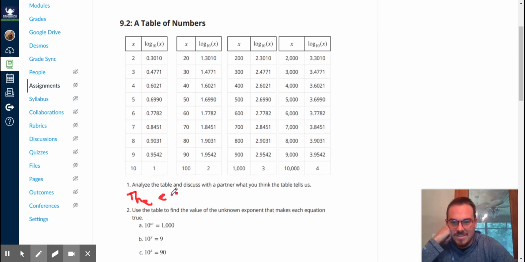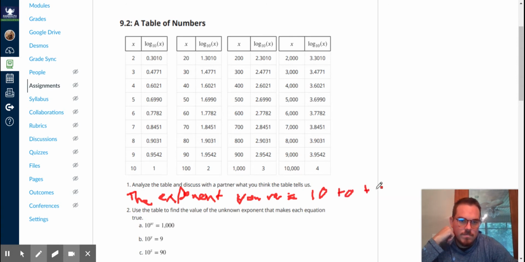The exponent you raise 10 to get x. So you might be thinking, how does he know that that's what it gives us? Well, think about 10 to the power of 1.